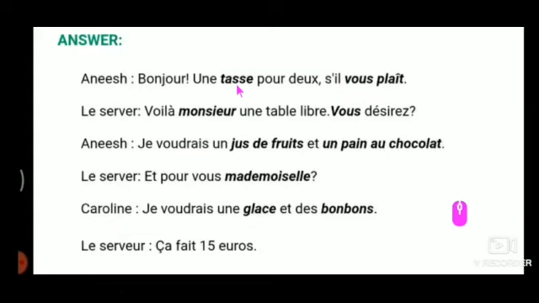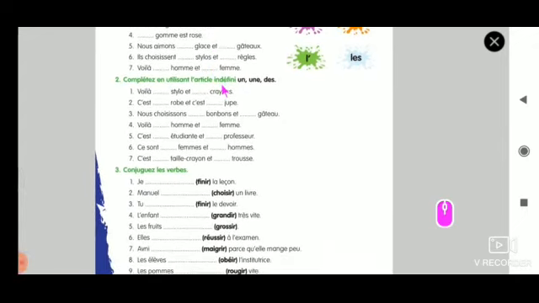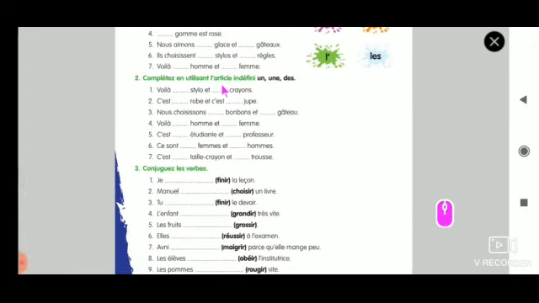Okay. So we are done with exercise number 5. Now, so far how many exercises have we finished? We have finished exercise number 1, l'article défini, exercise number 2, l'article indéfini, and exercise number 3, and this will be for your today's online test.